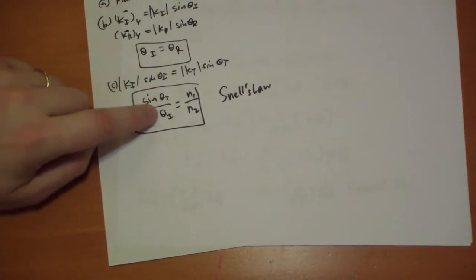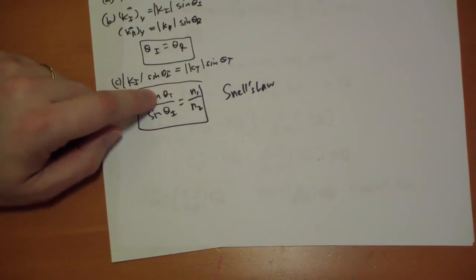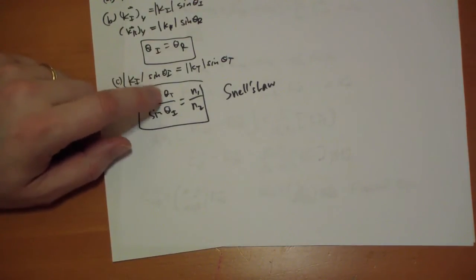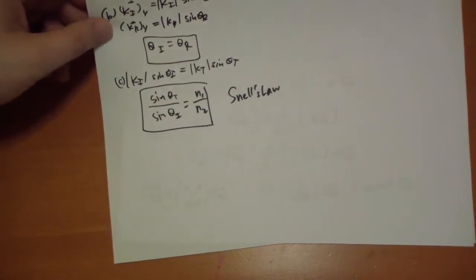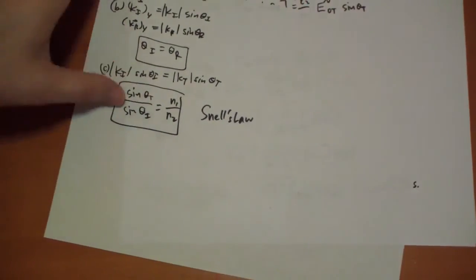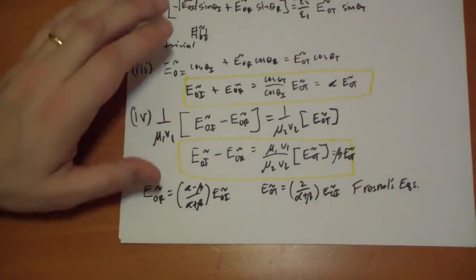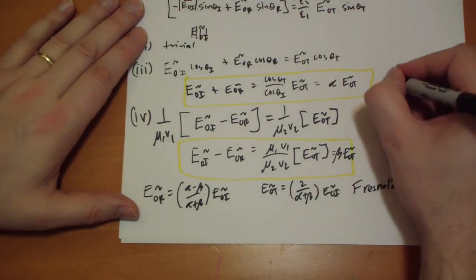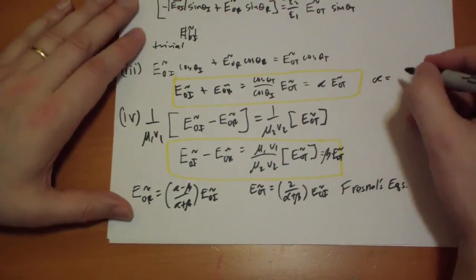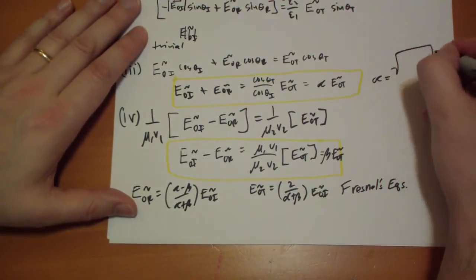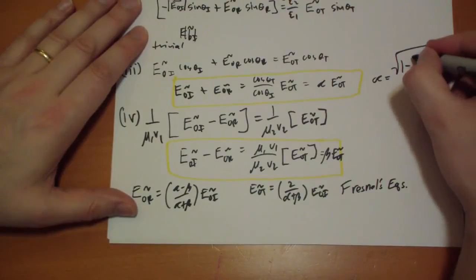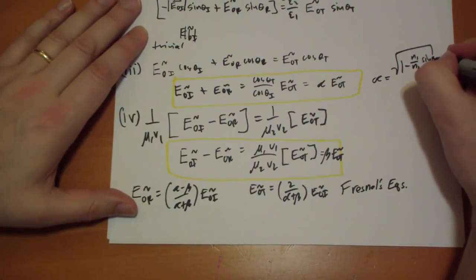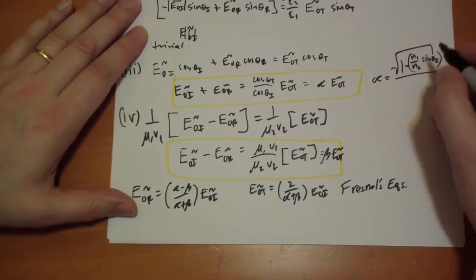We have this relation that relates n1 and n2 to theta I and theta T. So we can rewrite theta T in terms of theta I, and reduce alpha to the square root of 1 minus (n1 over n2 sine theta I) all squared, divided by cosine theta I.